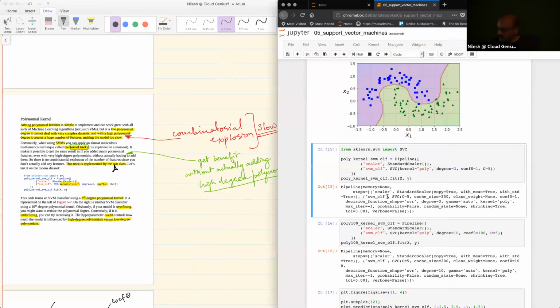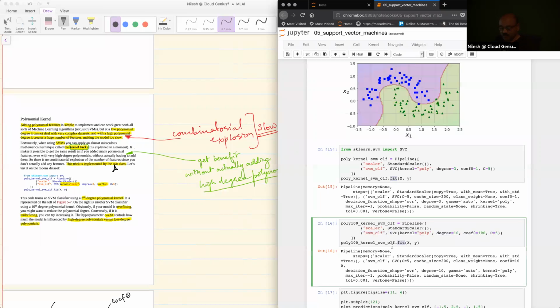And so here, in the earlier step, we did a fit, we scaled, and then we ran a polynomial kernel with 3 degrees, and then we did a fit. In the next step, we are doing a 100 degree polynomial kernel and fit. Let's go run it for the fun of it.